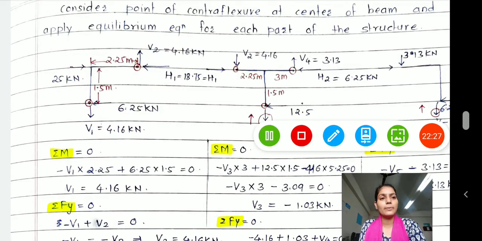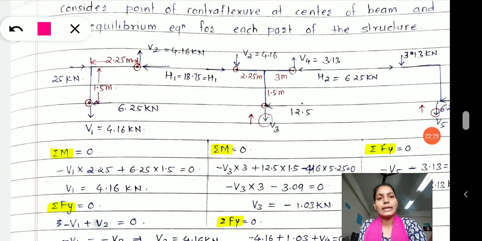Now let's take the moment calculation. V1 into horizontal distance, because the moment equals force into perpendicular distance. What is the force? The force is V1. The perpendicular distance is this, which is 2.25 meter.